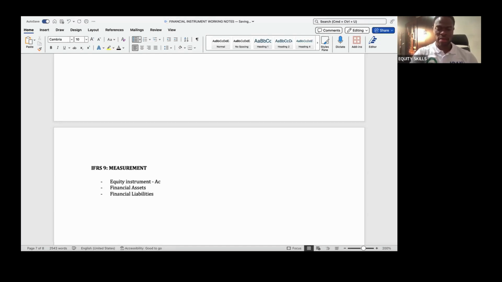So here it's CAMA that will guide us. According to CAMA 2020, share capital or equity instruments are measured at nominal value.